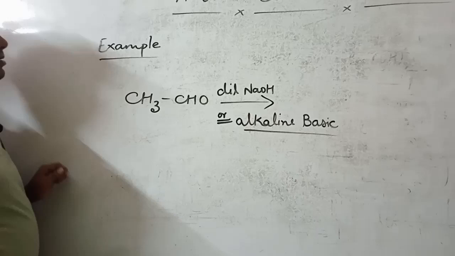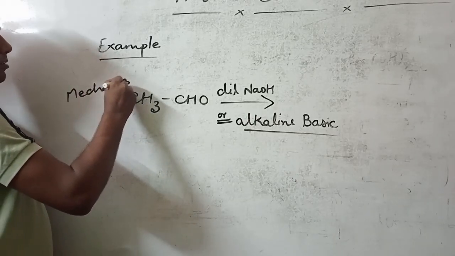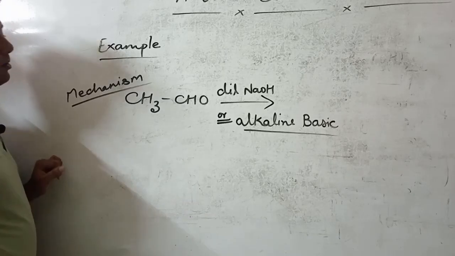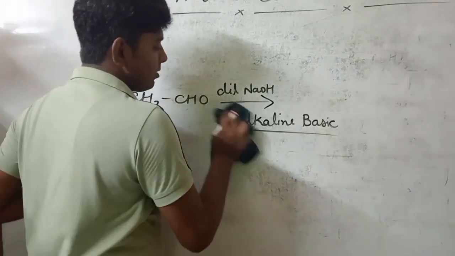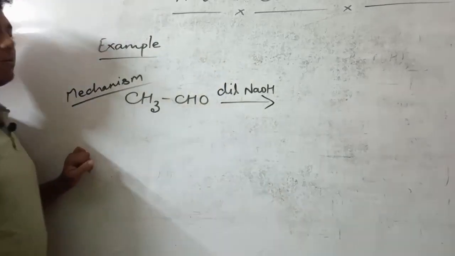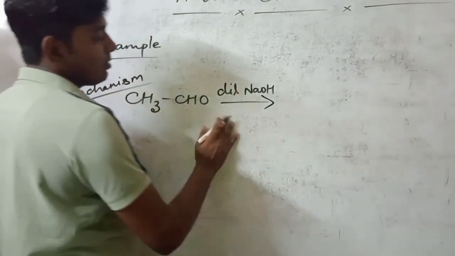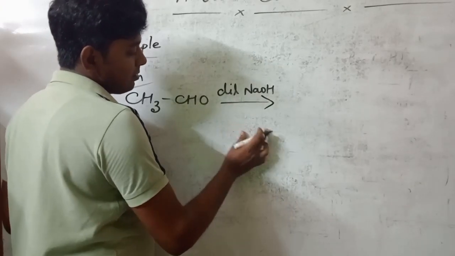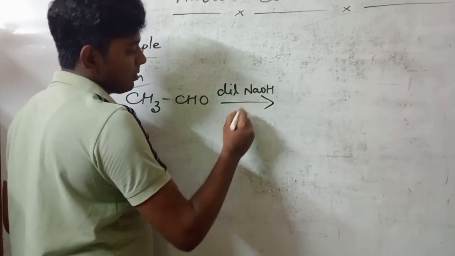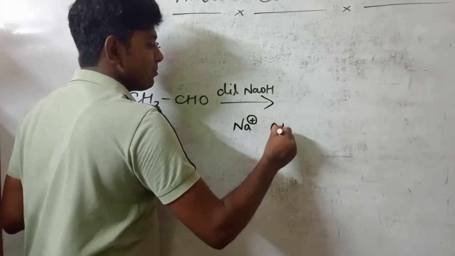So what is the mechanism of these reactions? Sodium hydroxide gives Na plus and OH minus.